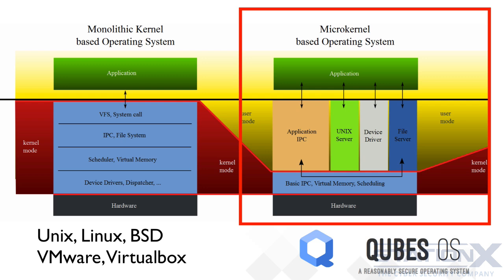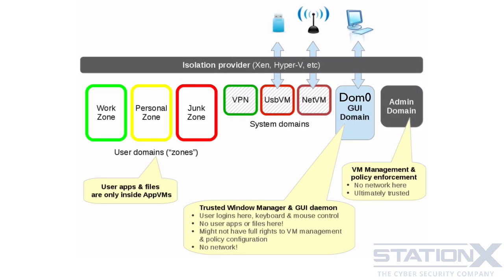This is an advantage for security which Qubes has over VMware and VirtualBox. Let's talk through the system architecture and the various VMs. Qubes enforces security domains through different virtual machines that establish isolation and compartmentalization. Each of these boxes here represents different virtual machines and different security domains. No host operating system is used, as Xen is the bare metal hypervisor.